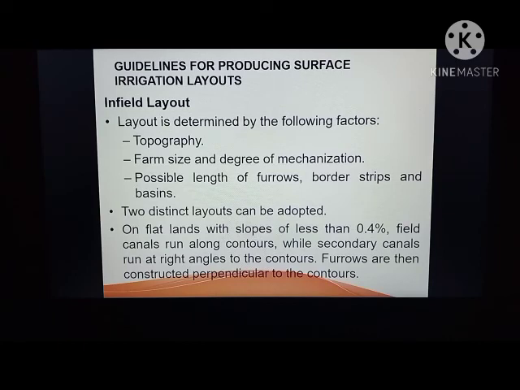Infield layout. Layout is determined by the following factors: the topography, farm size and degree of mechanization, and possible length of furrows, border strips, and basins. Farm size and degree of mechanization is where the machineries that we are going to use in land leveling come in.